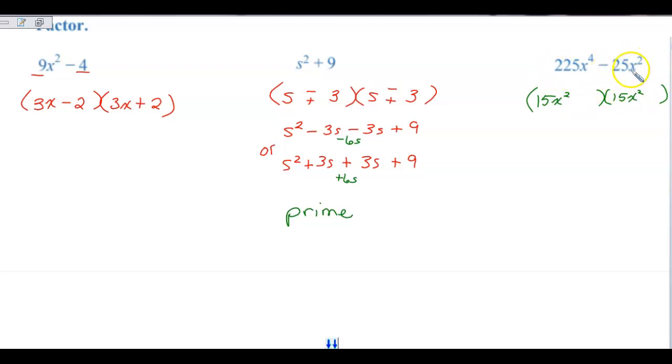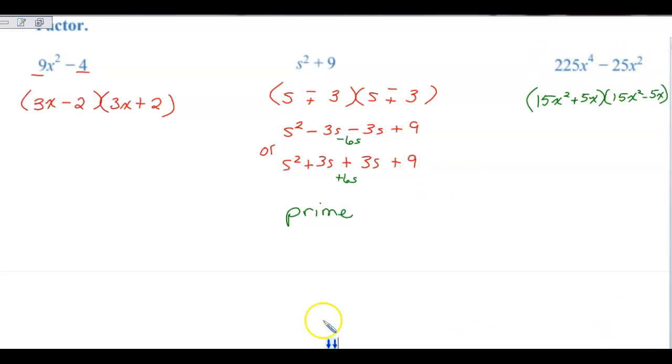And this would be 5 times x and 5x. One is positive, one is negative. So I get 15x squared plus 5x, 15x squared minus 5x. And because one's positive and one is negative, the center will cancel out, and all we're left with is this.